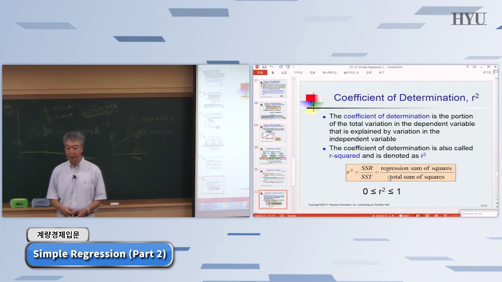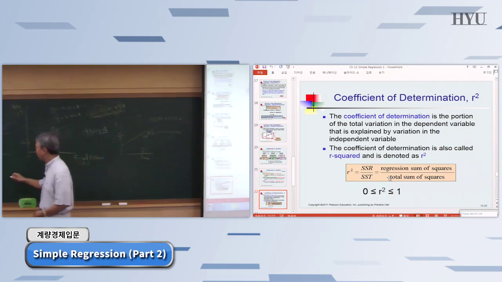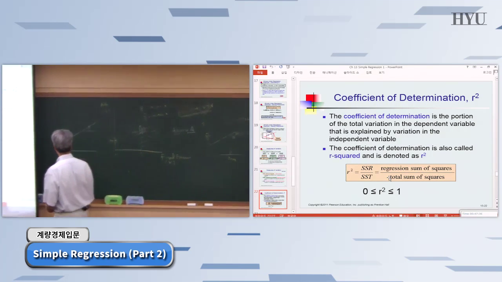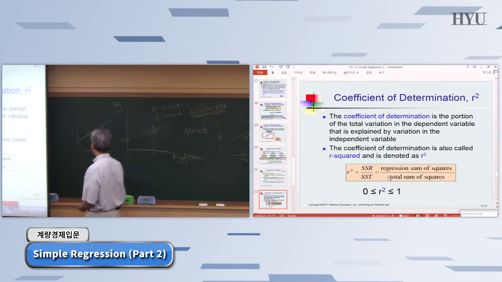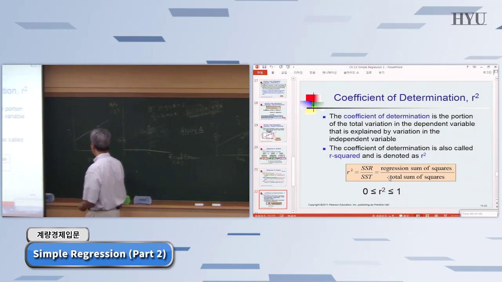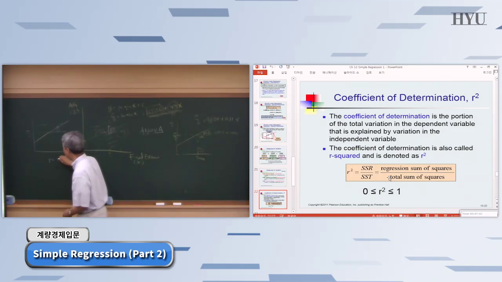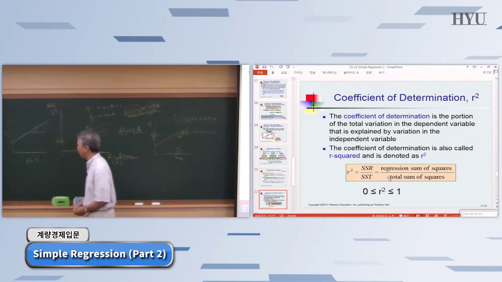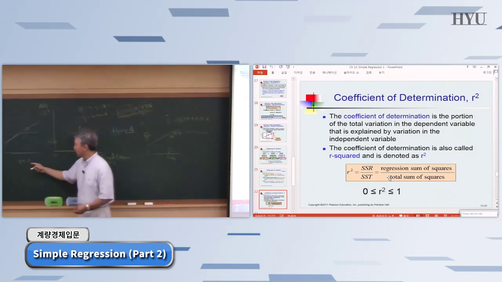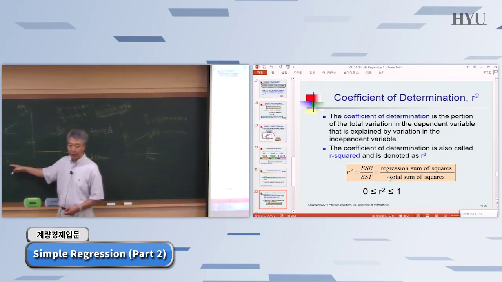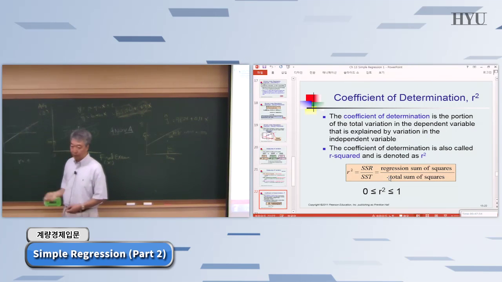Does it make sense? Because if I'm talking about R, suppose the correlation coefficient came out to be 0.9 to make it simple. That tells us there's a positive correlation, and it is a very strong correlation, which means there isn't much deviation.